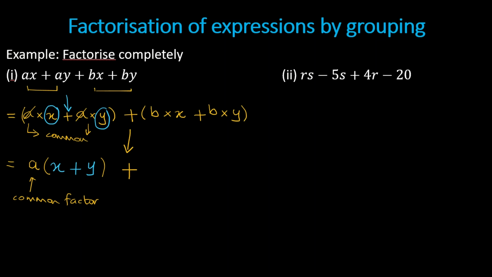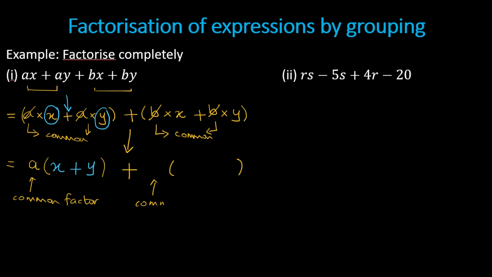Now we identify the common factor in the second pair of brackets. Which letter is common? Here you have B, here also you have B, meaning B is common, and you already know something which is common, it has to be outside.